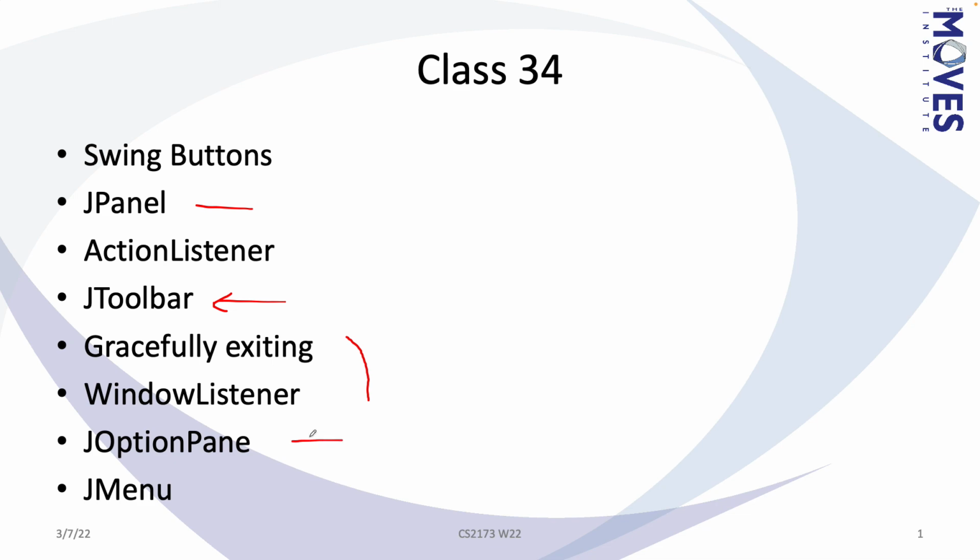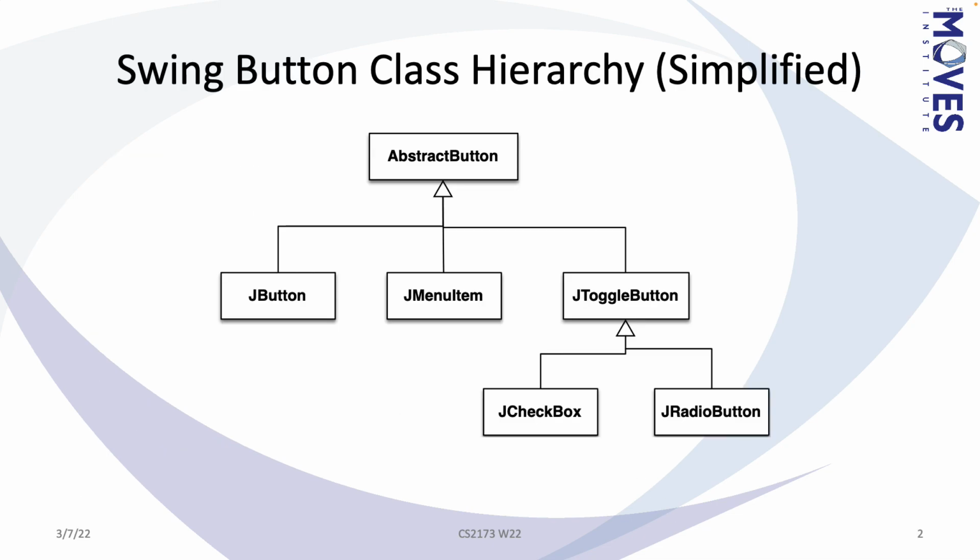That will involve something called a JOptionPane, which is just sort of a one-liner thing that we can do to create these little modal dialog boxes that pop up, that you should be very used to if you've been using the computer for any more than 10 minutes. And then, time permitting, we'll start looking at menus, because that's still something which is a thing.